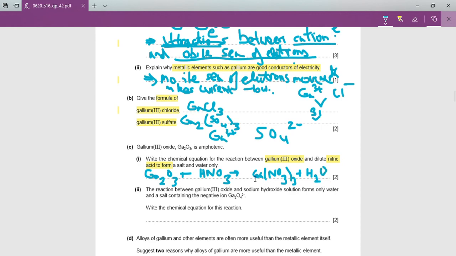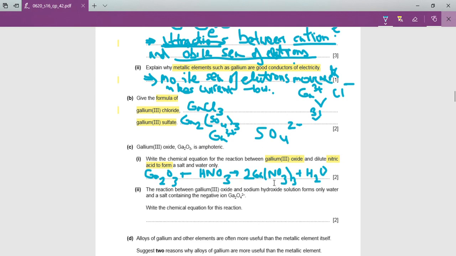So looking at this, you have 2 Ga on this side, you have 2 Ga on that side, and the balancing is a bit tough to explain. I find it difficult to explain, but you do 2 here to balance the gallium on that side. That means you have 3 HNO3.